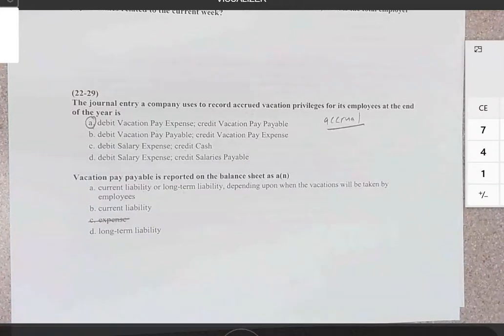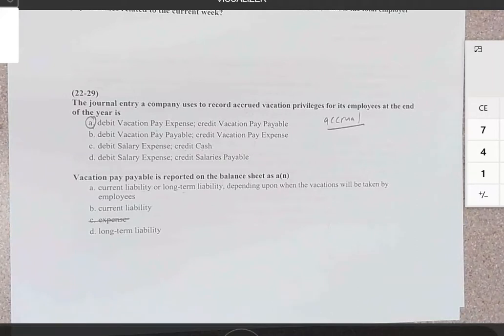And this is a very important point. We're going to accrue the liability and take the expense immediately. But let's say a company takes vacation expense of $200,000, and they believe legitimately that $150,000 of that will be taken in the next year, and $50,000 after that.